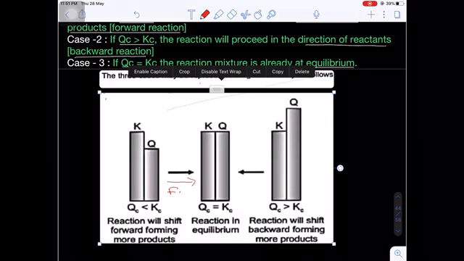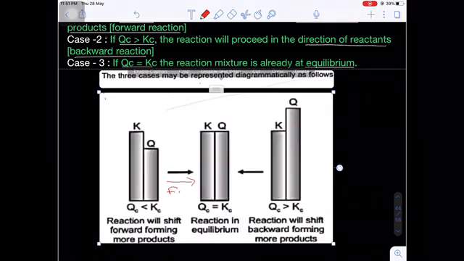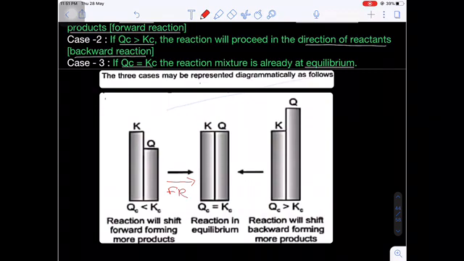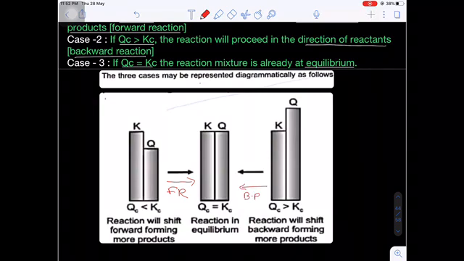Now in the next case, Qc greater than Kc, that means the reaction is tending to move in the backward direction, the backward reaction. Now the third case, when Qc and Kc are equal, then the system will exist in equilibrium condition. This is a very important objective question.